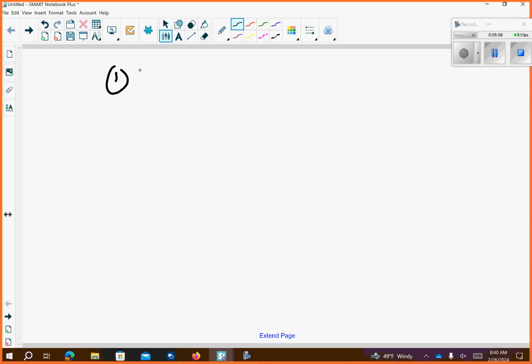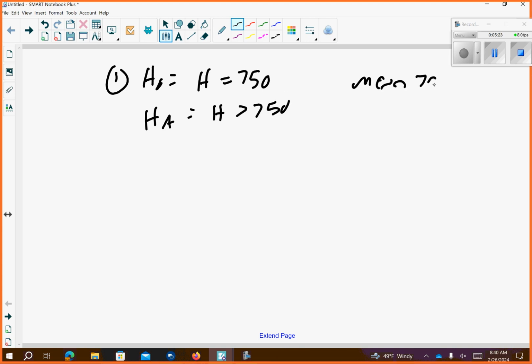So number one, we know that H naught is hamburger equals 750. H alternative is hamburger is greater than 750. We found the mean of 750. The standard error we found is about 17.